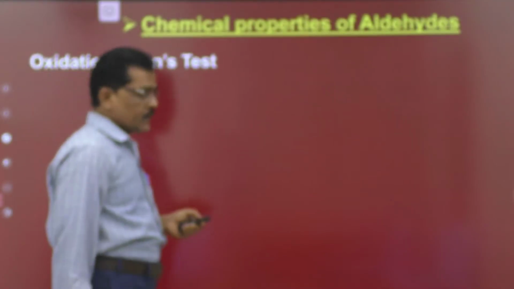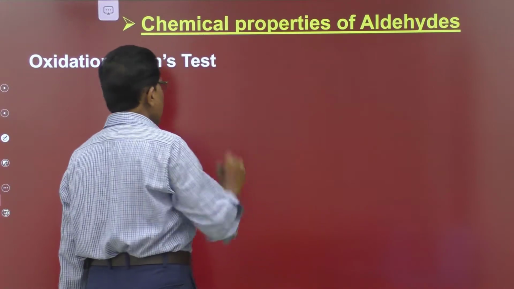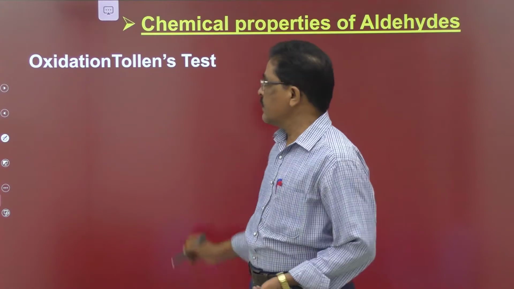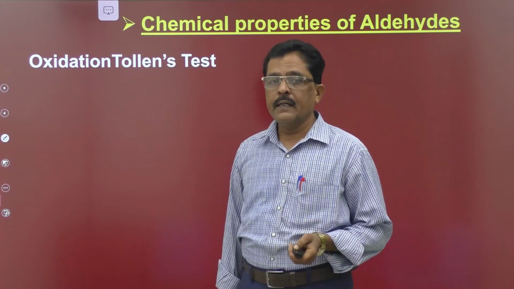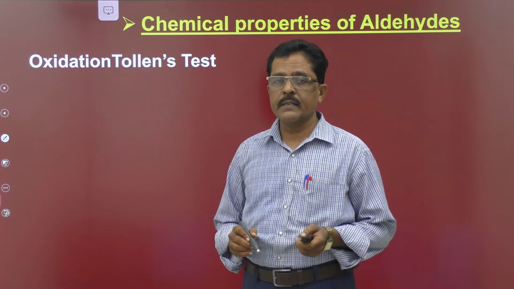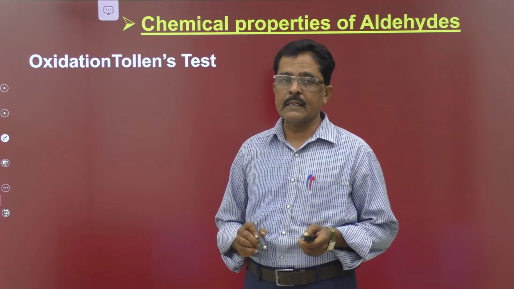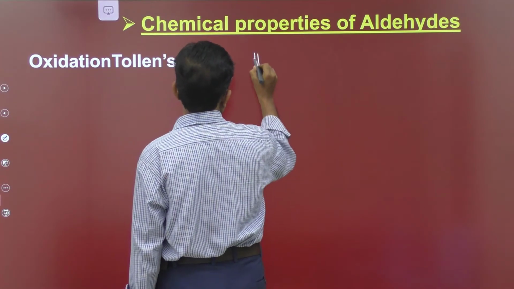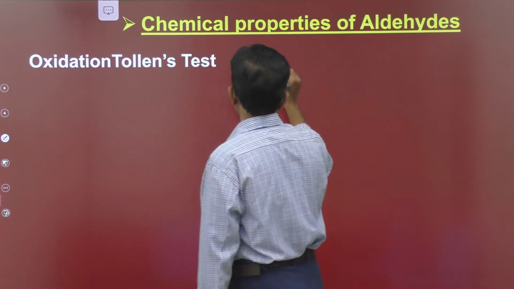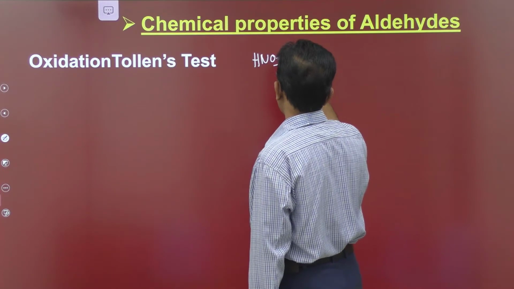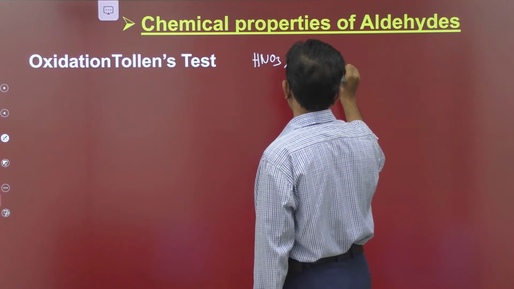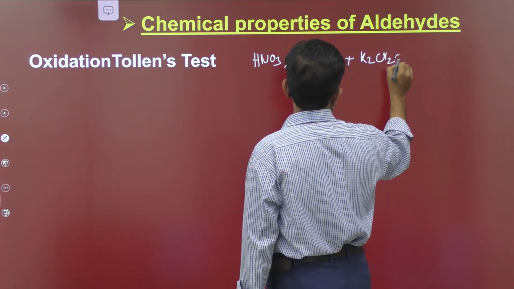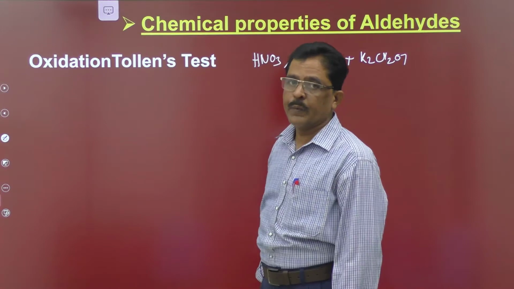Next, oxidation and the Tollens test. Aldehydes are easily oxidized into carboxylic acids by strong oxidizing agents like HNO3, KMnO4 potassium permanganate and K2Cr2O7 potassium dichromate.